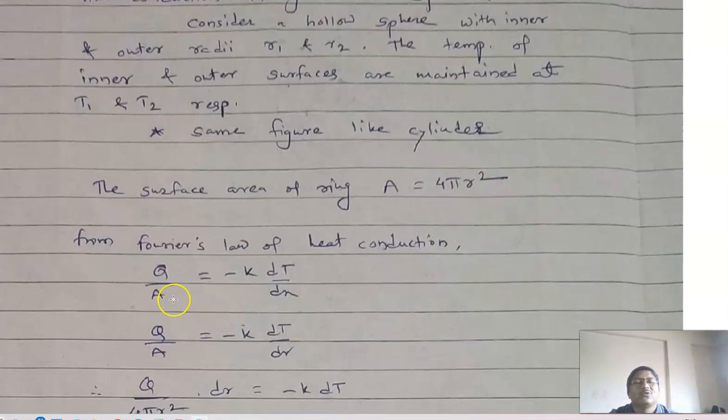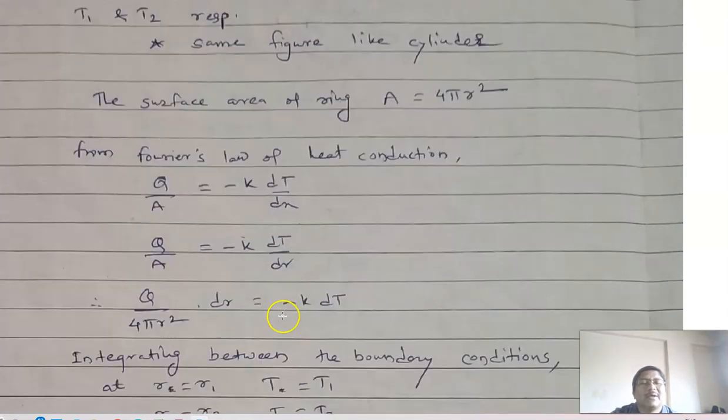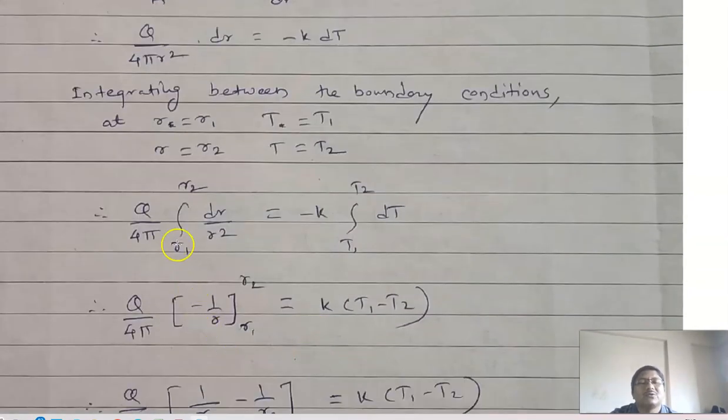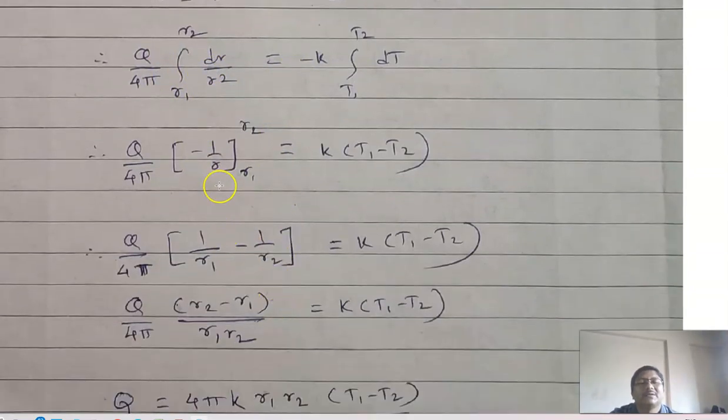So the same formula, Q by A equals minus K dT by dx, becomes Q by A equals minus K dT by dr, so Q upon 4 pi r square equals minus K dT by dr. Again the same boundary conditions, r equals R1, T equals T1, r equals R2, T equals T2. So the same equation we have to integrate.